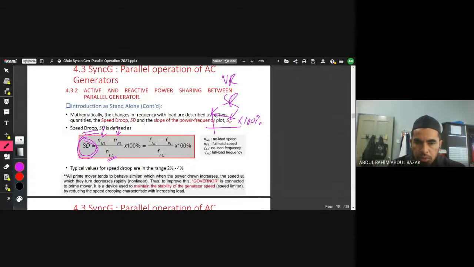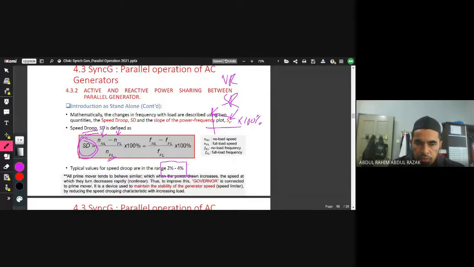Or we can calculate by subtracting the frequency at full load from no load, then dividing by full load. So this is the speed drop curve or trend of a standalone synchronous machine. The normal or generic speed drop in the market is between 2 to 4%.